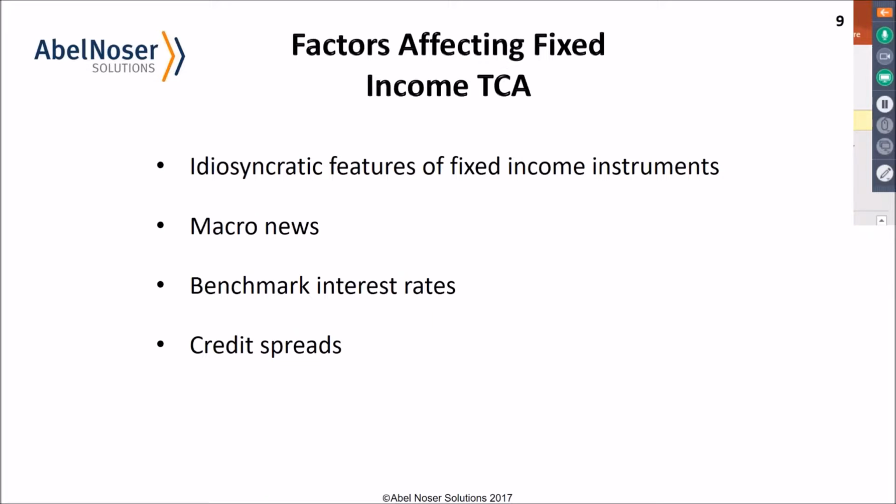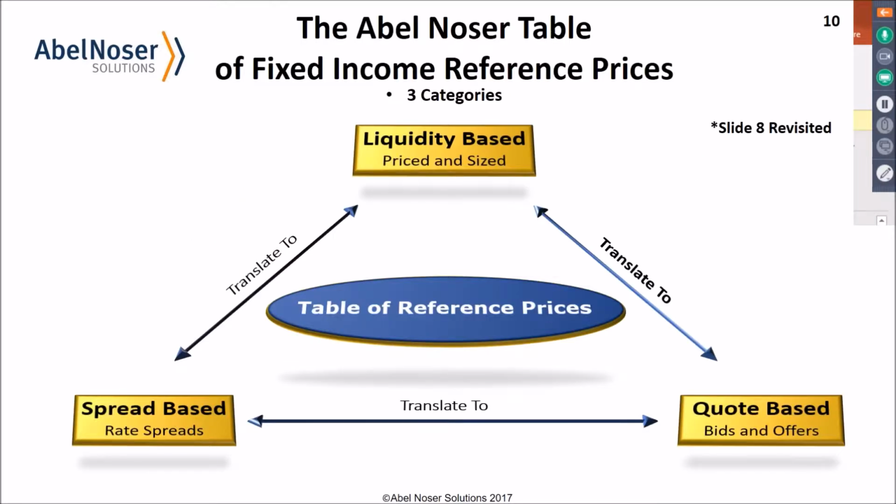Right. So how did you organize these and make the idiosyncrasies of all the different fixed income products work together? Yeah, well, working with the categories of reference prices or rates and our associative linking process, we used our three sets of reference prices to fill in the gaps where we see them. You can see the Abel Noser table of reference prices again on slide 10 on your screen.